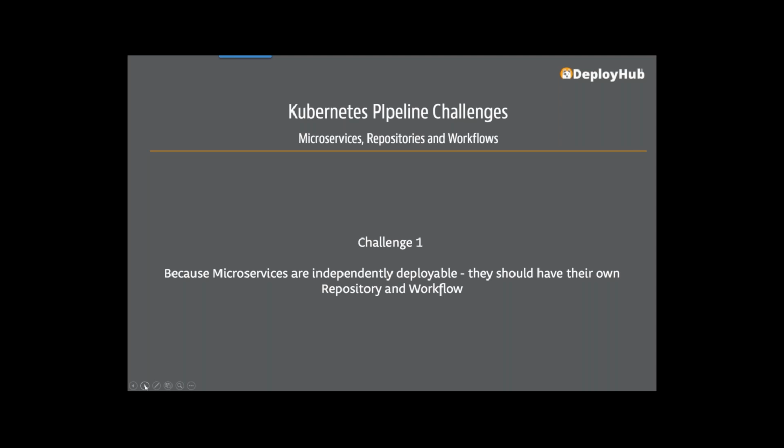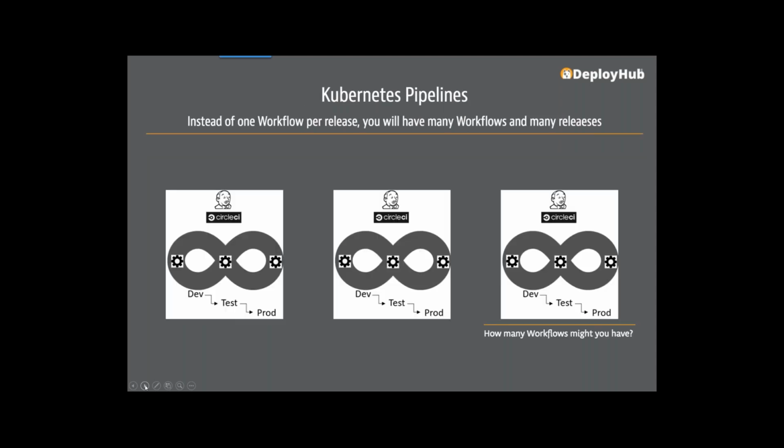So it could be one big fat WAR file, or a fat jar file, or a collection of jar files, and maybe some other scripts that define some environment variables and other pieces and parts that they pull together to create their application. Well, because microservices are independently deployable, they're probably going to need their own repository and workflow.